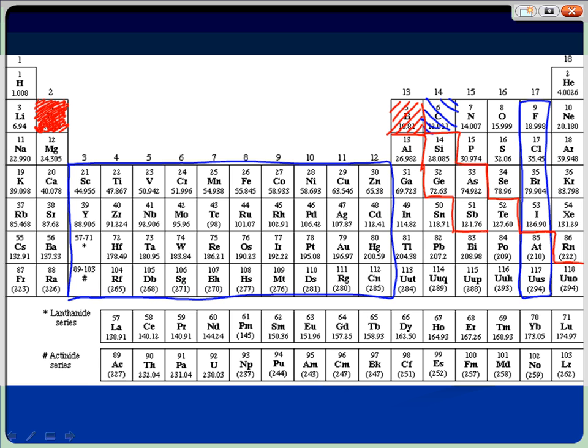So actually, I think I might want to go and shade those like this. So you can see, I can still see the blue outline, but I can also see the shading. And then I might also want to put some other mark across it like this for the fact that it could be considered a non-metal or something like that. So anyway, just keep in mind that you are going to have to color the same element more than once.